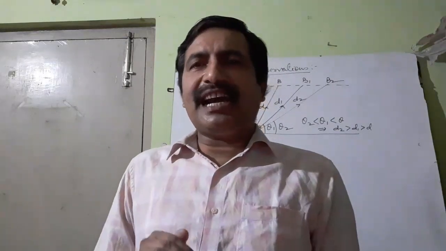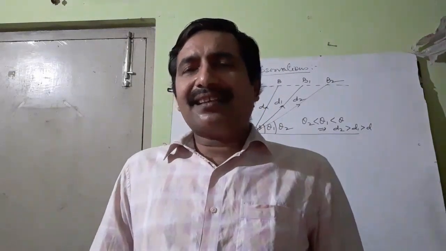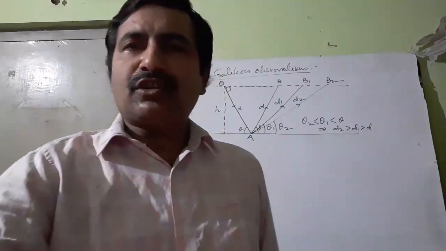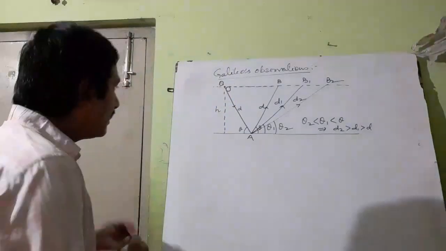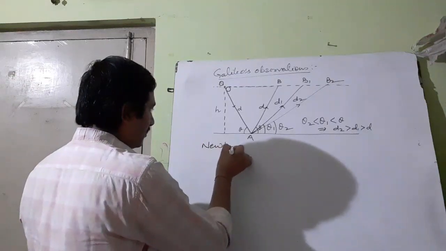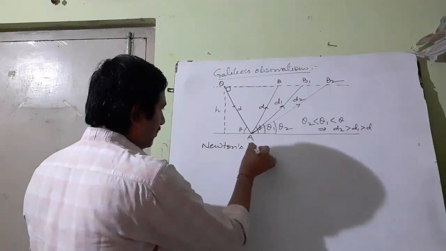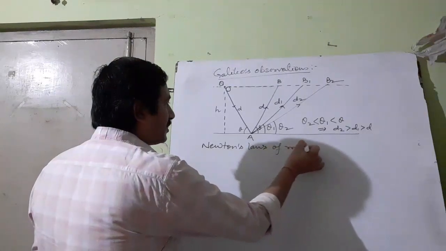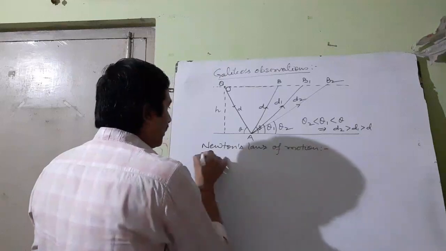You can also say that Newton's laws of motion are somewhat more explanatory in comparison to Galileo's observations. So let us discuss Newton's laws of motion now. Newton proposed 3 different laws of motion.